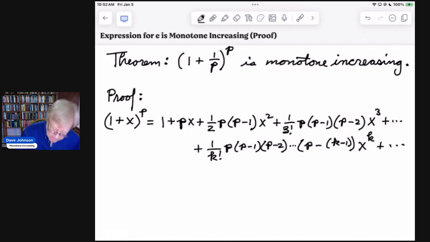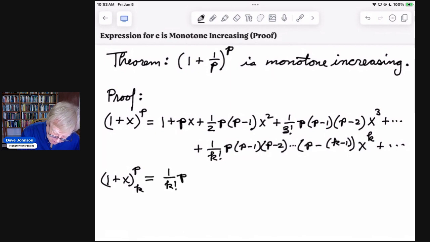And what do I mean by the kth term? Well, in this expansion of the binomial, we get this term here, and I'm going to call that the kth term. And in fact, let me go ahead and write it this way. So 1 plus x raised to the p, but we'll call this the kth term, is equal to 1 over k factorial.